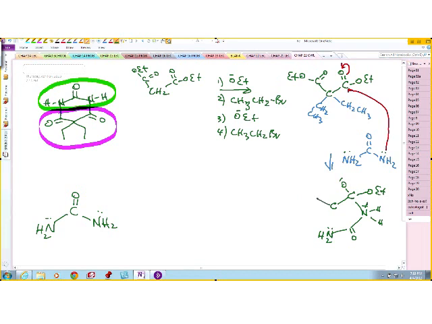And this one here, you see, I have this on this side, and of course we have the alkyl here. So now when this comes back, when you reform, this will leave. And so you get this here.